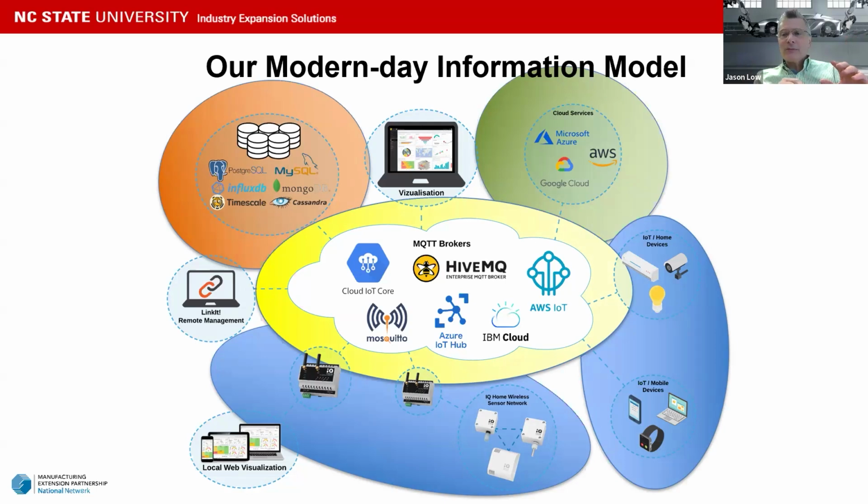I want you to also think about maybe that database is on a PC in front of me, maybe it's on the edge down on my production floor, or maybe it's even in the cloud. So if we look at the green circle, those are cloud services, right? So that's my Azure, and that's my Amazon Web Services, AWS, Google Cloud, so forth and so on.